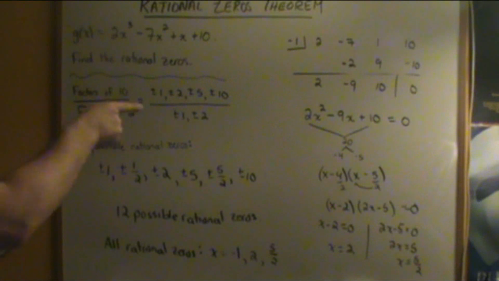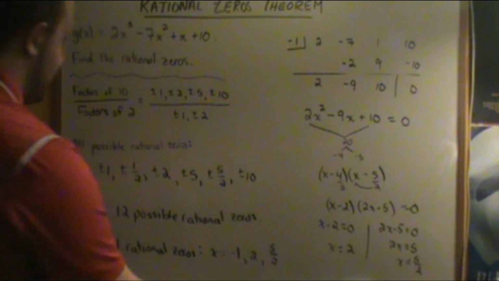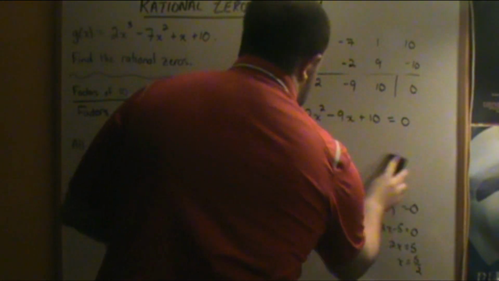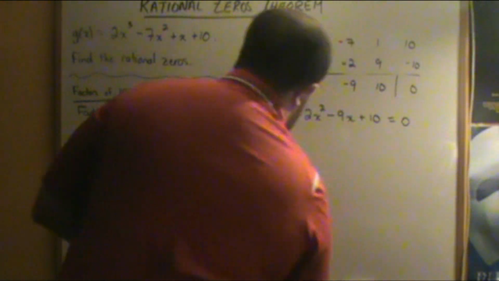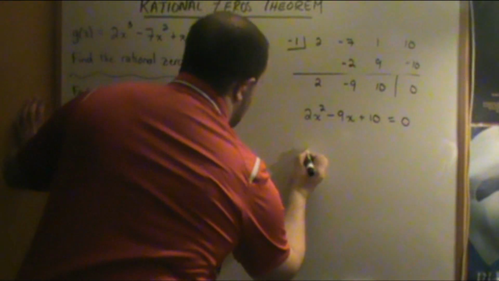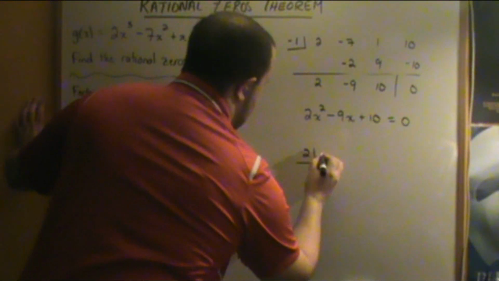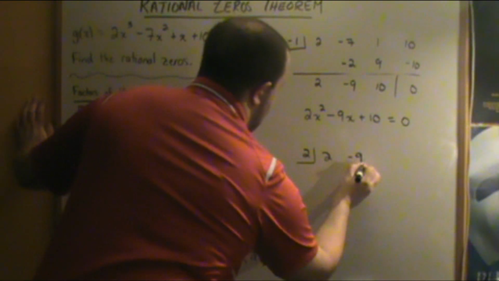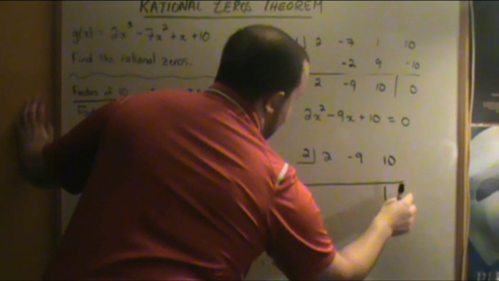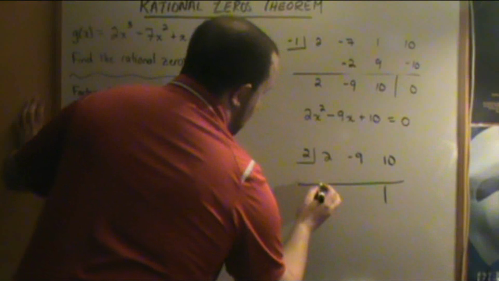Now if you didn't do that to find the other two, don't worry, we could also do it by synthetic division. We could test positive 2 with this depressed polynomial. 2, negative 9, 10. And we want here, in our remainder spot, a 0.